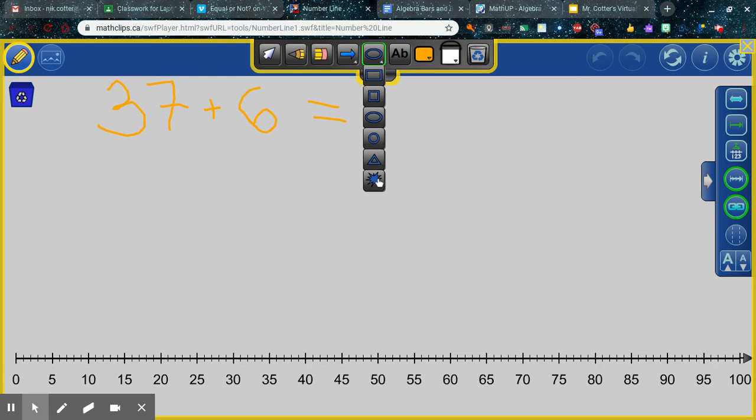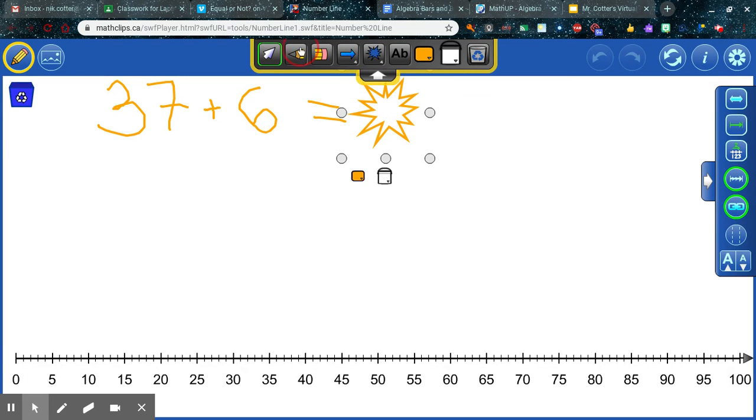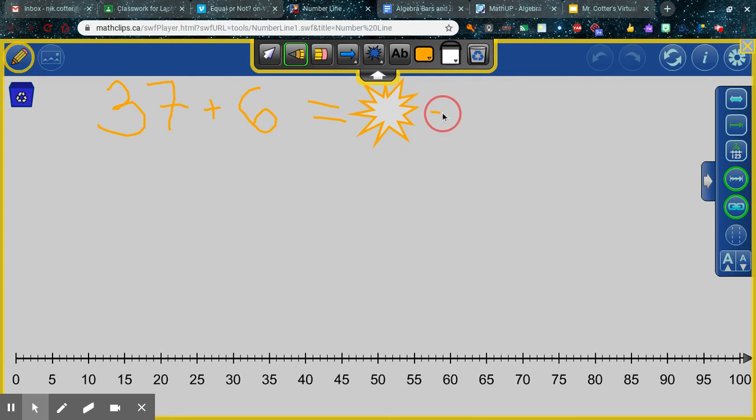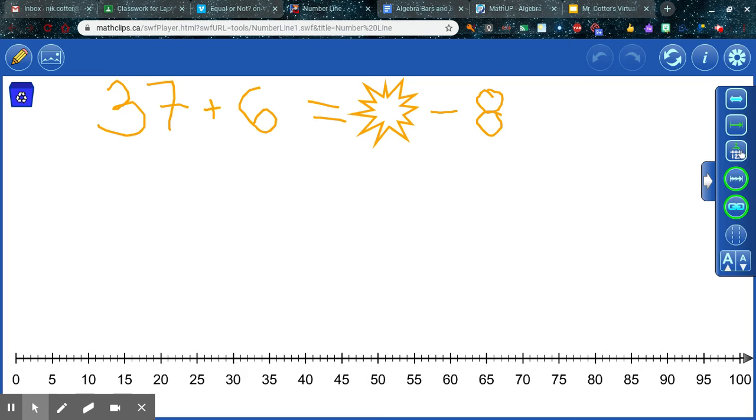Let's do the starburst. That's going to just stand right now for my random amount. Something minus 8. Okay? So now what I'm doing is I'm just going to put on these pieces and I'm going to represent it.